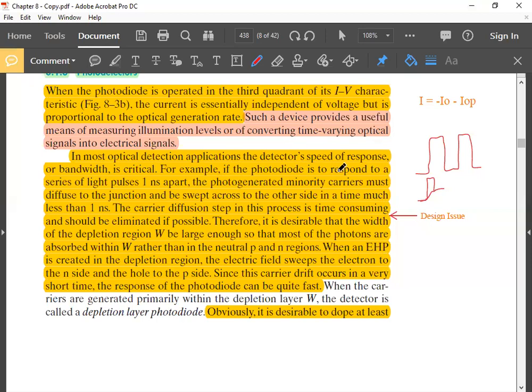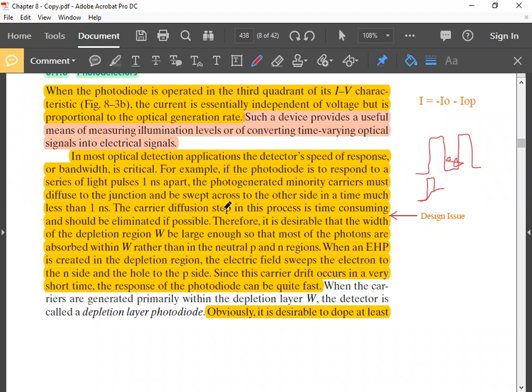For example, if the photodiode is to respond to a series of light pulses 1 nanosecond apart, so this gap is 1 nanosecond, the photogenerated minority carriers must diffuse to the junction and be swept across to the other side in a time much less than 1 nanosecond. That means it has to be very fast.